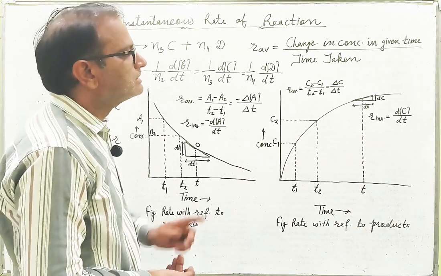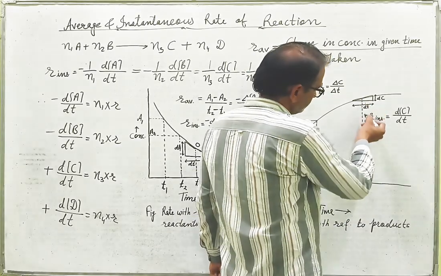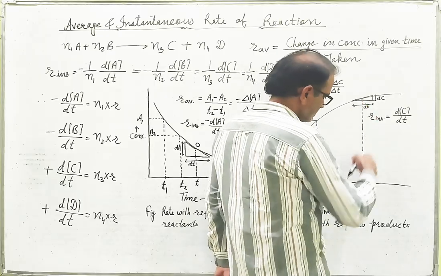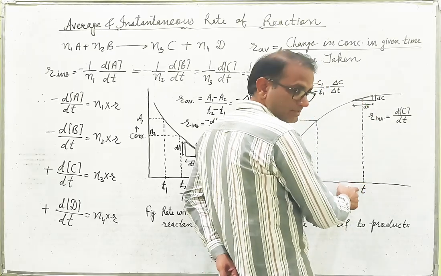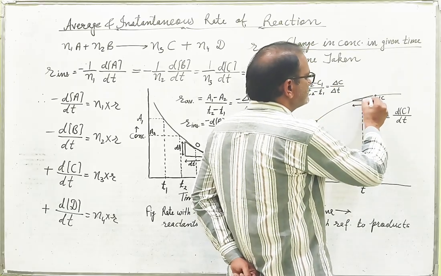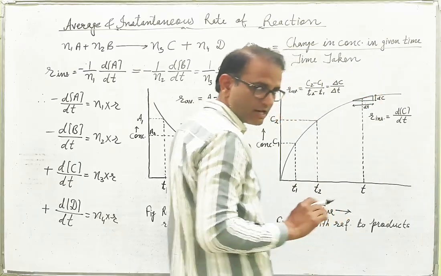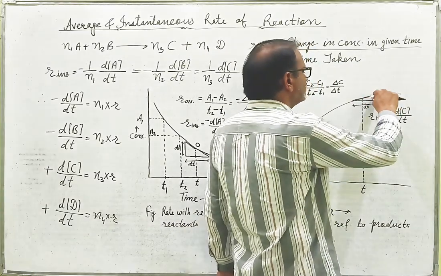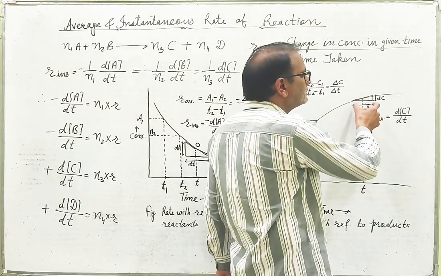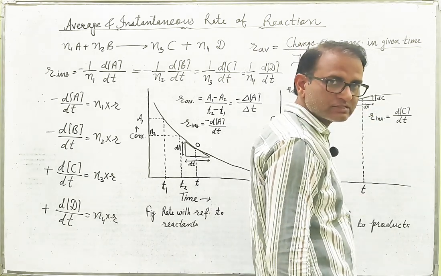If we want to calculate the instantaneous rate, then likewise we will draw a straight line over this time axis. So at this point of time, at time t, how to calculate the instantaneous rate? Again we will extrapolate a tangent over this point, and we will make a rectangular triangle, and by using this difference, that is small change in concentration of C, dC, upon time interval, that will be equal to the tangent.